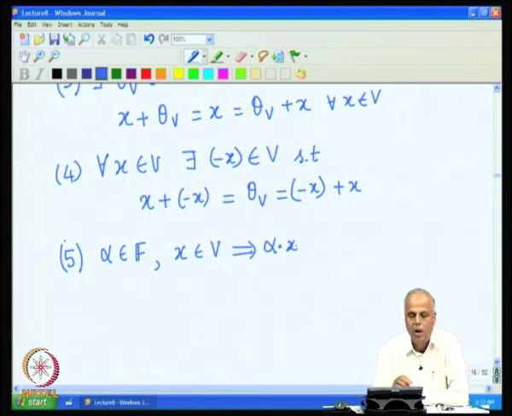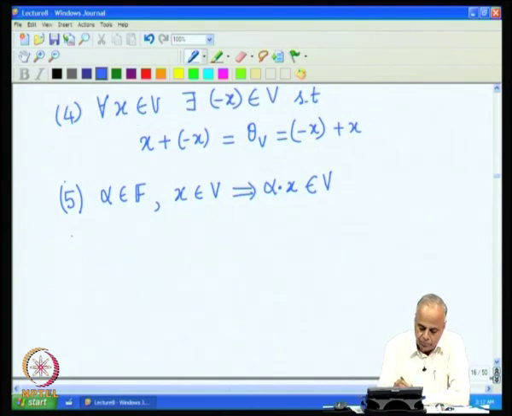Now, we write alpha dot x. After some time we will stop writing the dot, we simply write alpha x, and this must be in V. When we scalar multiply an element in R k, we got an element in R k. So, when we field multiply an element in V, we must get an element in V.